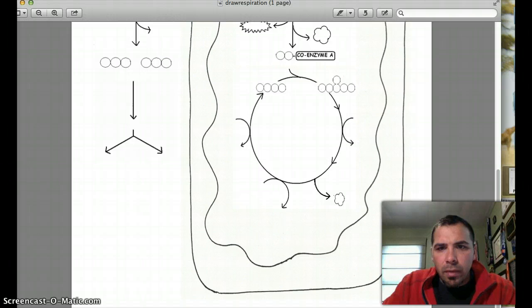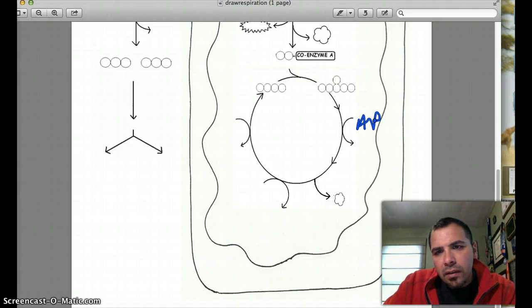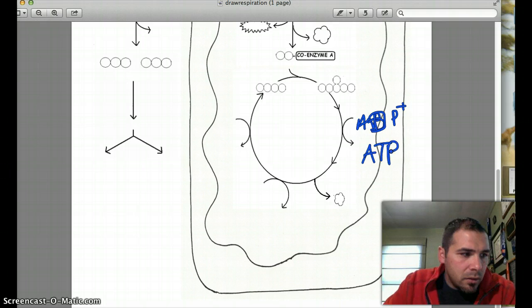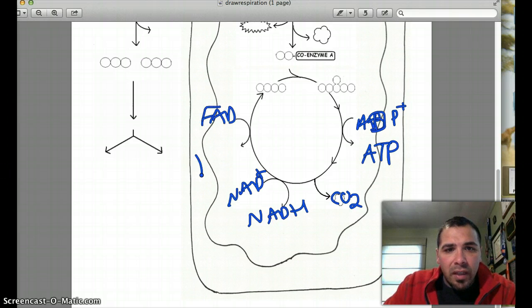So again, here was our ADP becoming ATP. Going through, we've got some carbon dioxide again being given off. We've got NAD plus becoming NADH. We've got some FAD becoming FADH2.